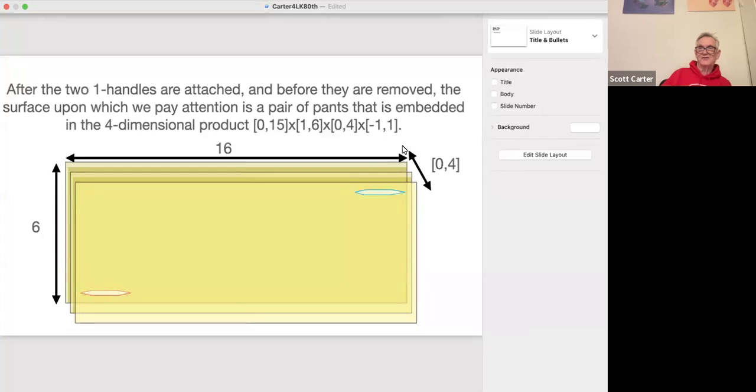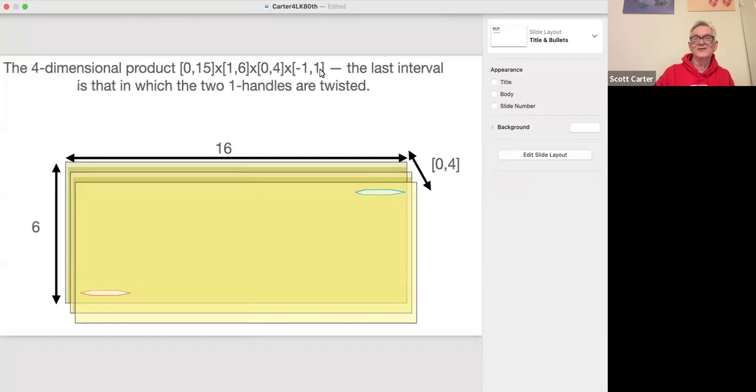This width is 0 to 4, so there's some width on either side of the braid that's going to occur. And there are only going to be 6 braid generators there, words in the braid group with six letters that are occurring there.